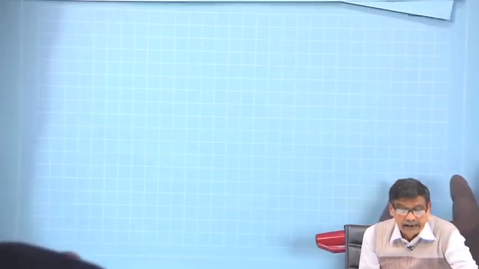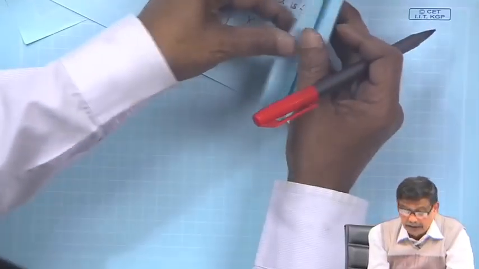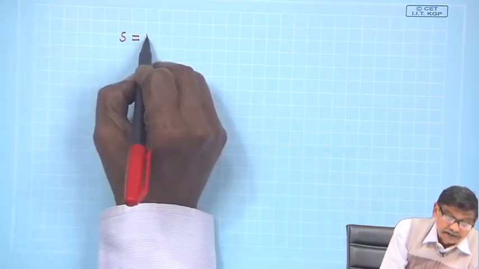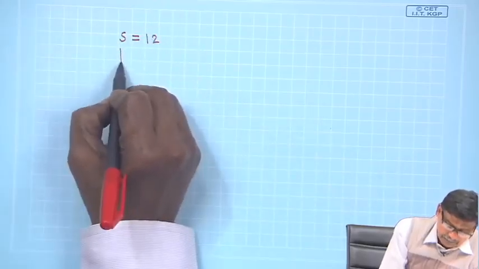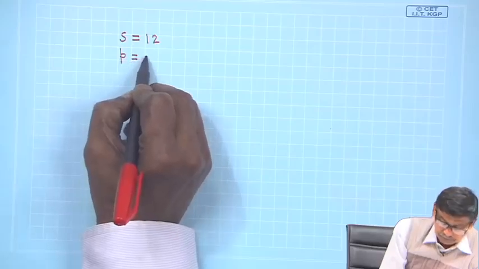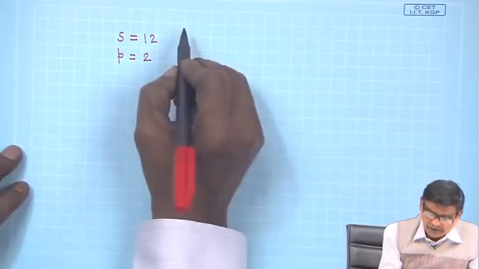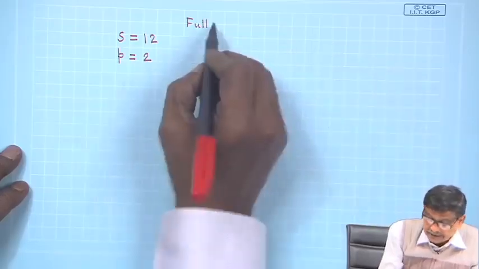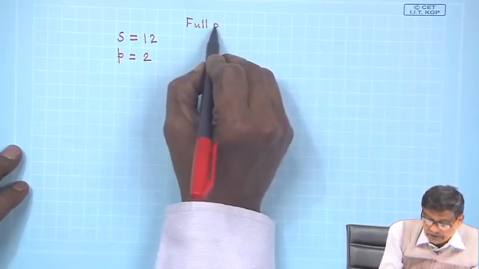That change I have already done, one example I have taken. Suppose the total number of slots is 12, and p is equal to 2. So, I want to use a full pitched coil. We will come to short pitched coil slightly later.